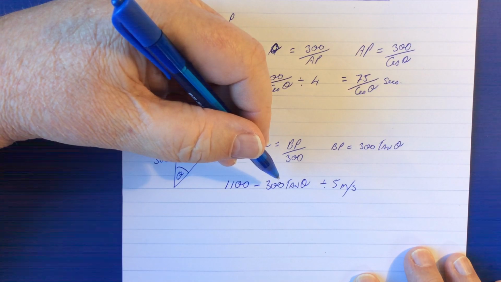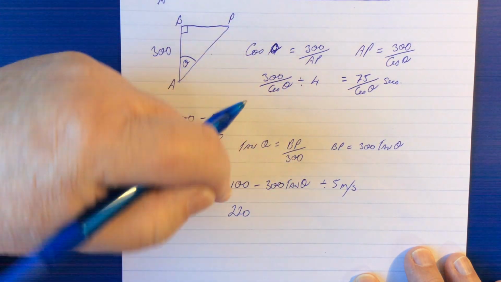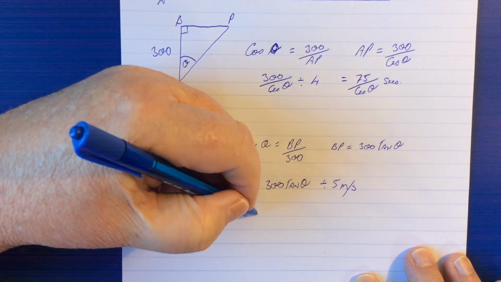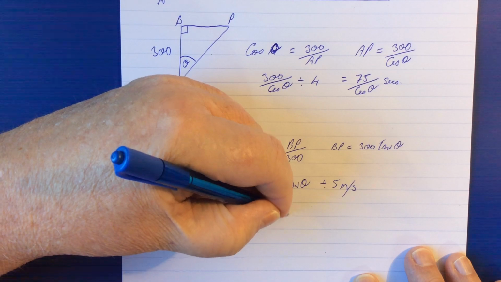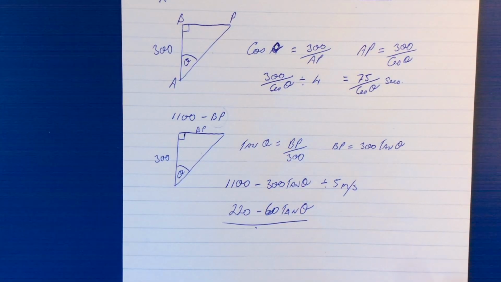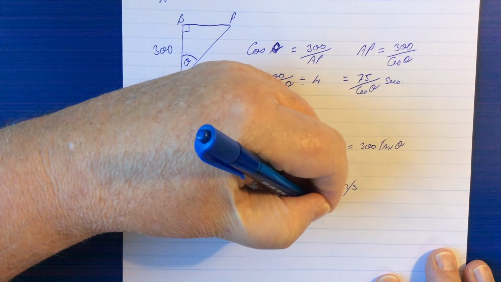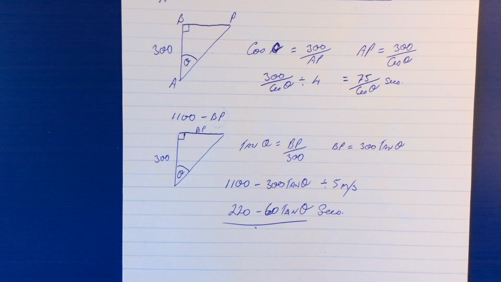And when we do that, what we get is 220, that is 1100 divided by 5, minus 60 tan theta. That's how long it takes. Oh, in seconds. I beg your pardon. We should put in seconds. So that's how you do that problem in both its parts.